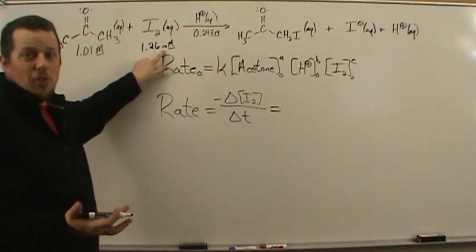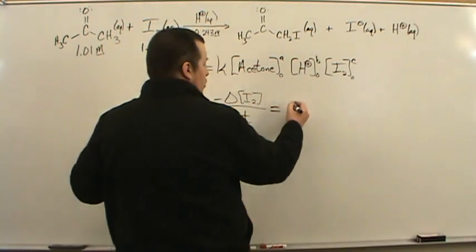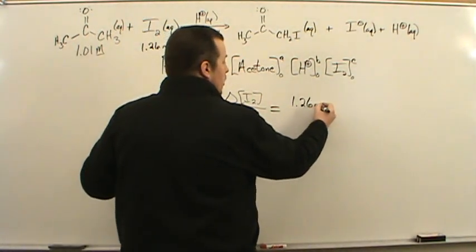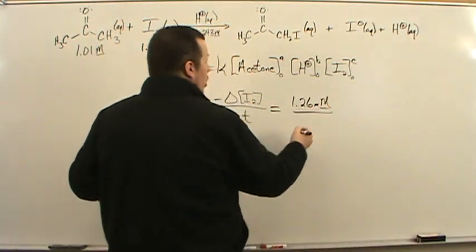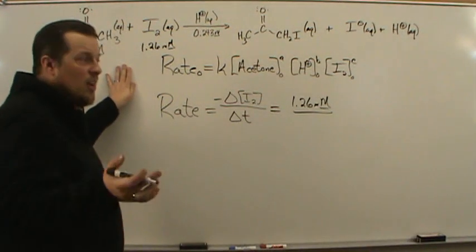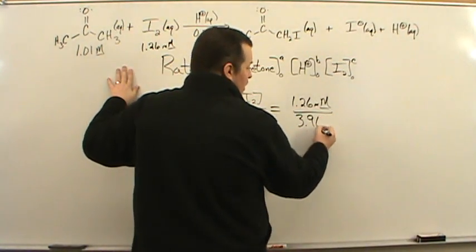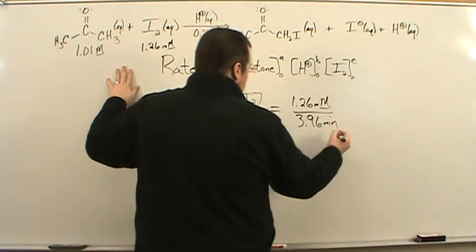It doesn't really matter which unit we use as long as you keep track of your units. So let's do 1.26 millimolar over, and this first run took somewhere in the neighborhood of 4 minutes, so let's say 3.96 minutes.